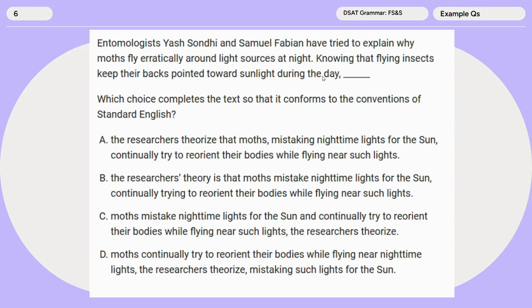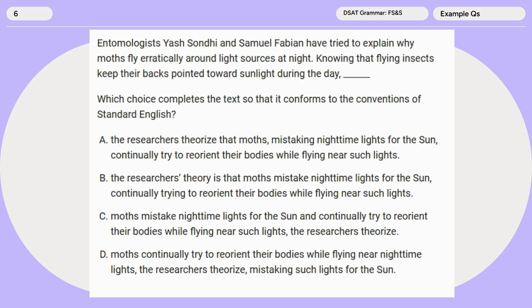No, so B's out. Again, moths do not. I highly doubt that the question makers intended for the moths to be the ones doing the knowing. So C is also out. D is out for the same reason. So let's go back to A. A is the only one that fits in that context.